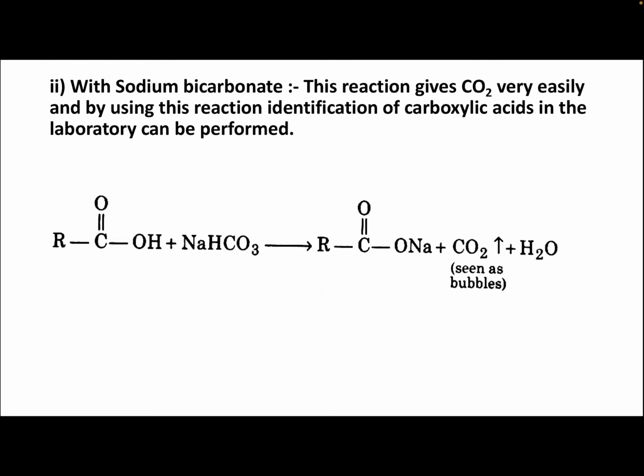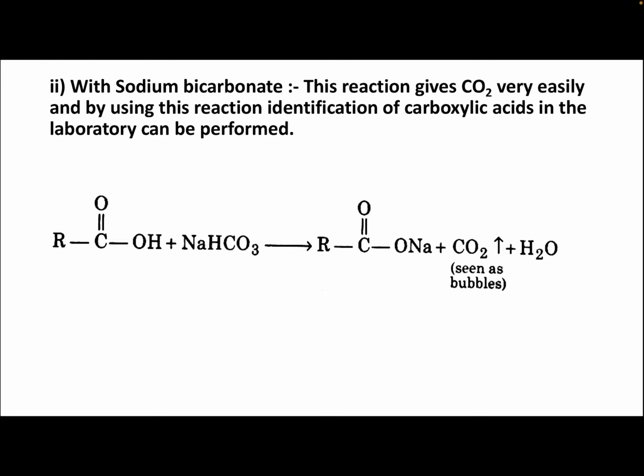Then reaction with sodium bicarbonate. This reaction gives CO2 very easily. By using this reaction, identification of carboxylic acid in the laboratory can be performed. RCOOH carboxylic acid reacts with NaHCO3, sodium bicarbonate, to give RCOONa, the sodium salt of the acid, plus CO2 seen as bubbles, plus H2O.